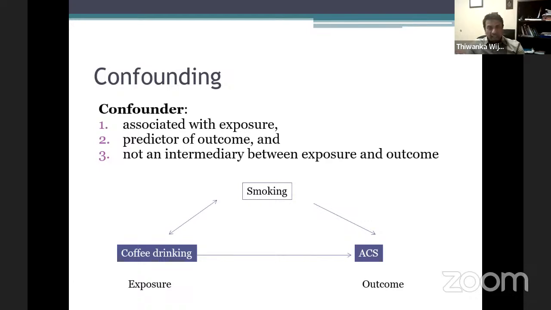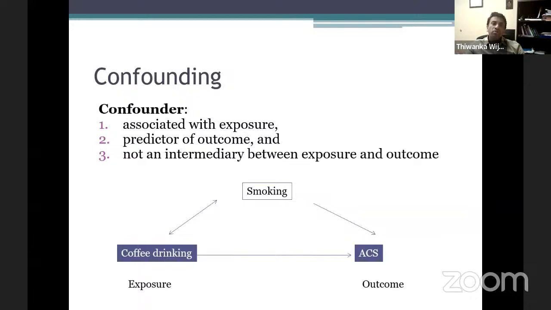So the example that I have here is I'm going to say that coffee drinking causes acute coronary syndrome. So my exposure is coffee drinking and outcome is ACS. But I know smoking is actually associated with coffee drinking as a cohabit. People who smoke may also drink coffee at the same time. Smoking, we know, is associated with acute coronary syndrome.